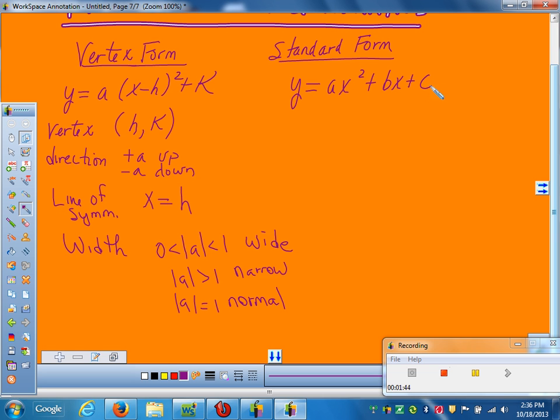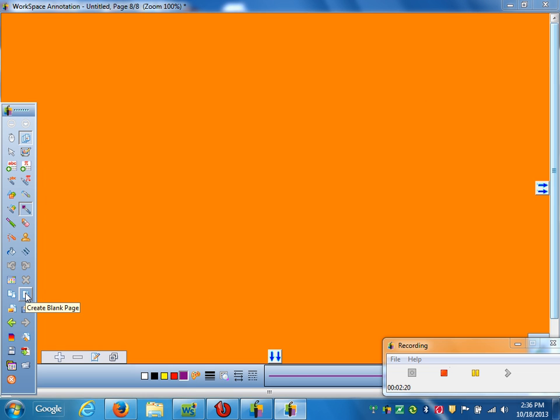And to get you to see where that comes from, we're going to perform an experiment here in a second. So if I was to throw you -4 times (x minus 2) quantity squared plus 5.